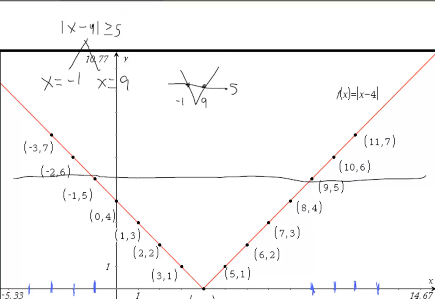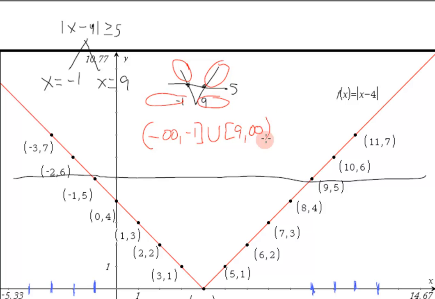Here they are, right? This and this are the y values. So you just got to represent the x values that produce those y values. Here and here. Negative infinity to negative 1, including the 1. 9 to infinity, including the 9.